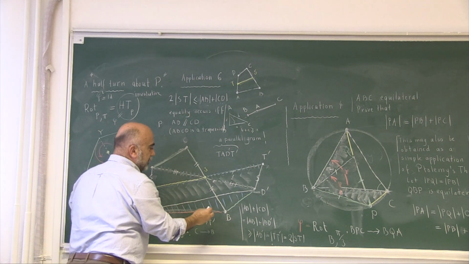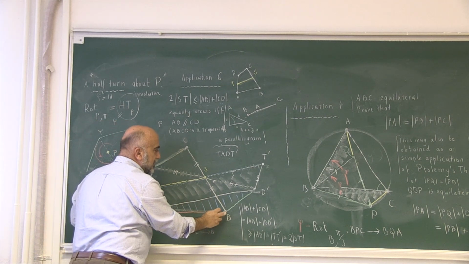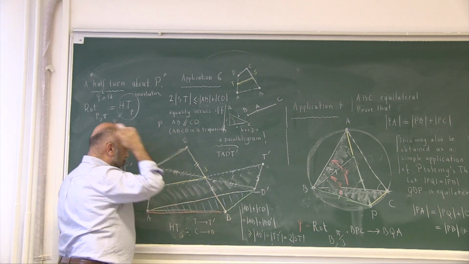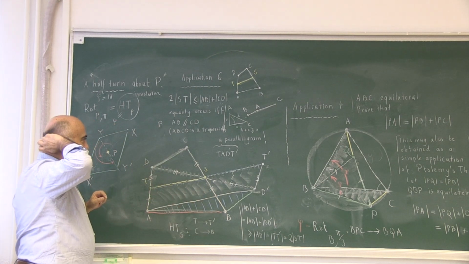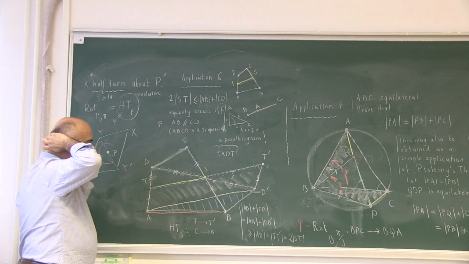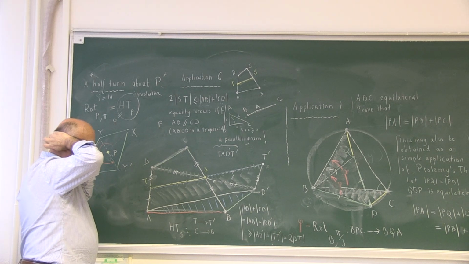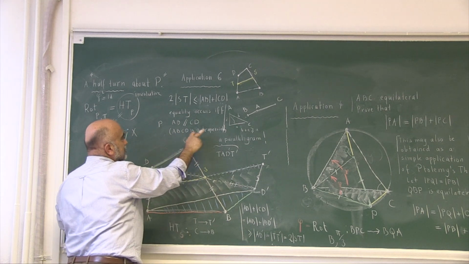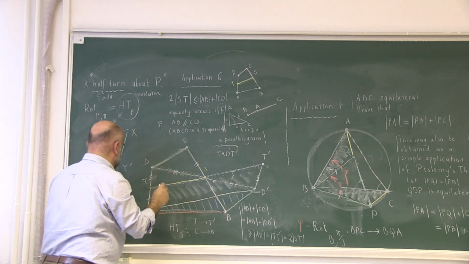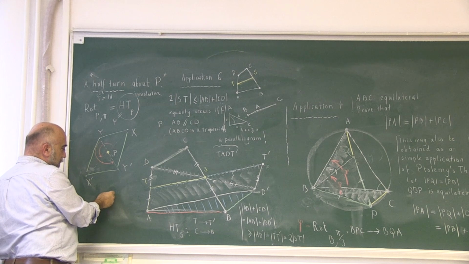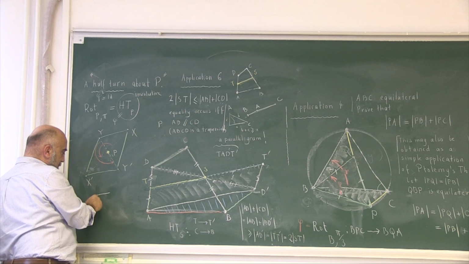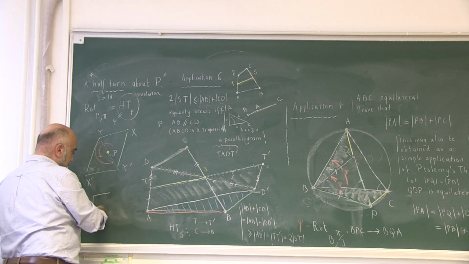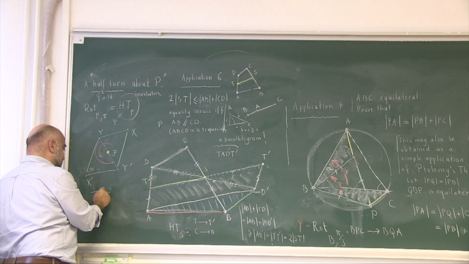You must also make clear that the point B is in fact between A and D prime. So what does that mean? It means that the vectors AB and CD must point in the same direction. So you must have this kind of trapezoid.